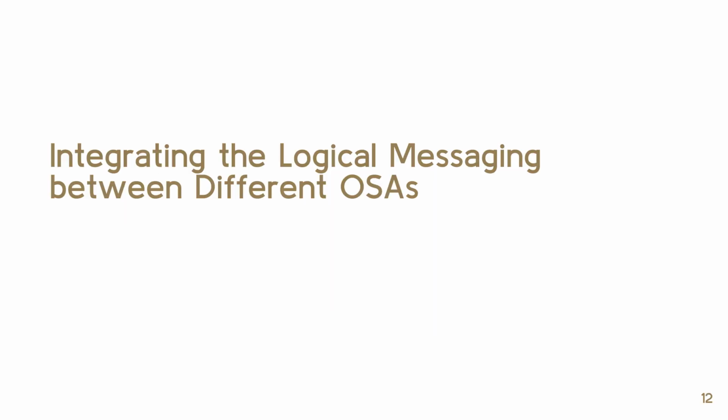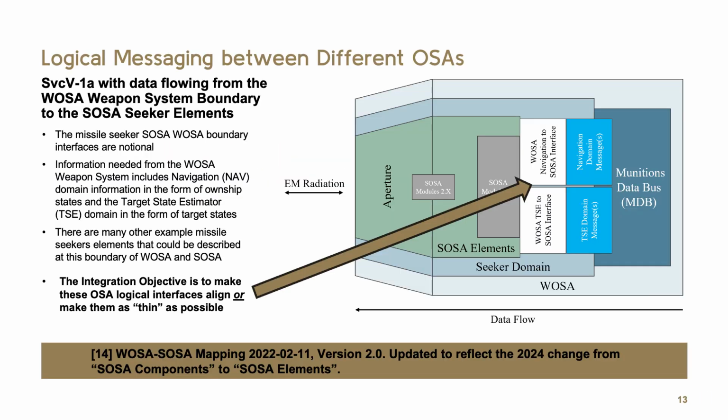Integrating the logical messages between different OSAs. The paper goes into much more detail, but basically what we're looking at, and the data flow from this particular figure, is from left to right, taking the data from the WOSA weapon system boundary into the SOSA open system.